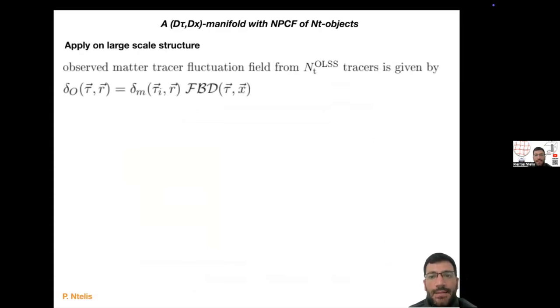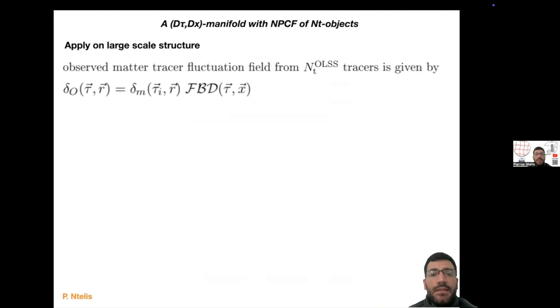So for n targets of the observed large-scale structure of the universe, we can have the observed density, delta omega, in extra dimension, extra time, tau, and extra spatial. And this is equal to the theoretical matter power spectrum to some initial time and some boundary spatial space, and times F_BD functional factor in extra dimensions as well.